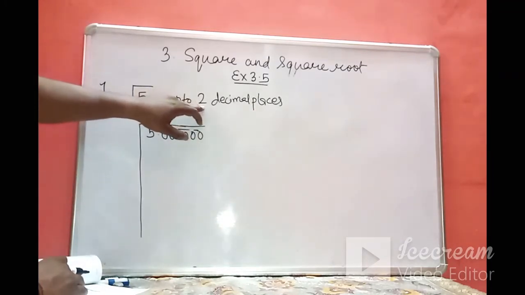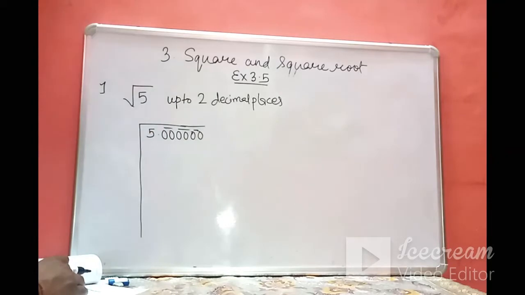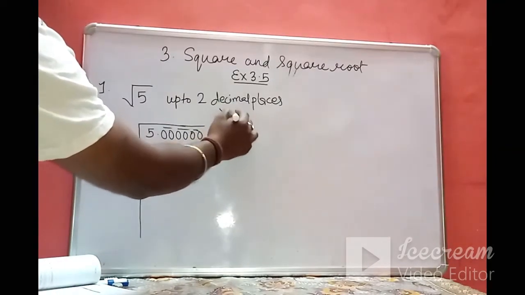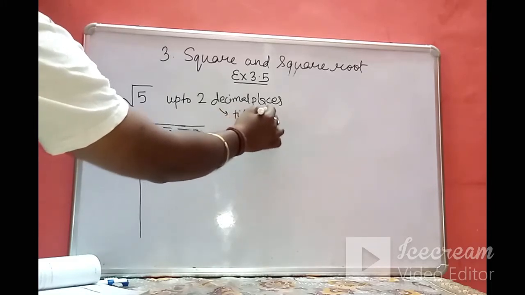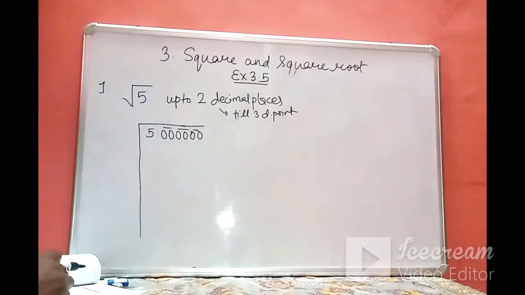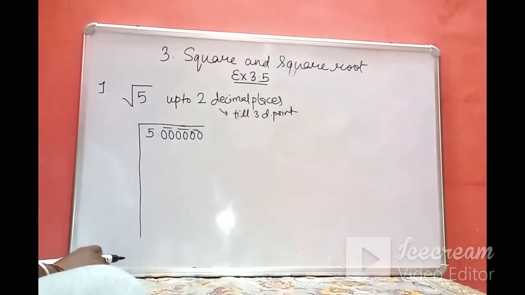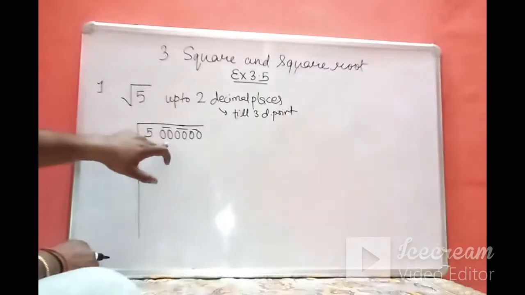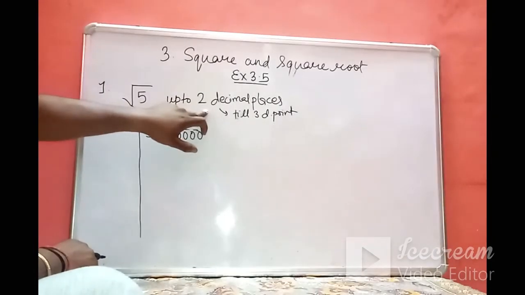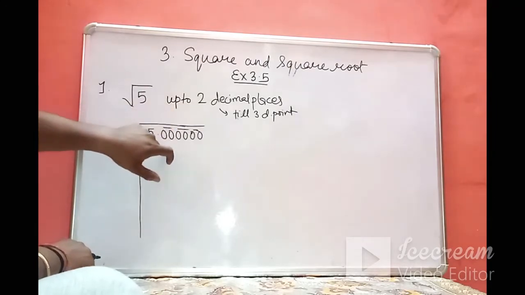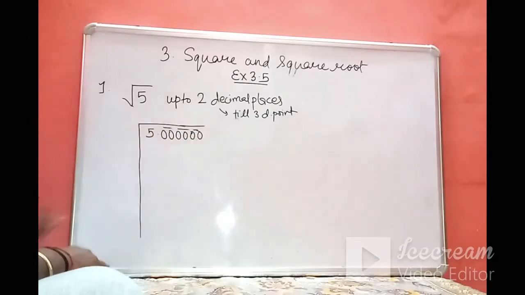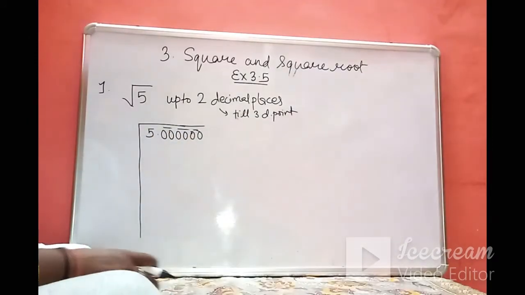So for calculating the square root up to 2 decimal places, we will calculate the square root till 3 decimal places, and after that we will do the rounding off at the second decimal place. So this is 2 decimal places, so I have taken 3 pairs. If it is written as 3 decimal places, then you will take 4 pairs of zeros. So like this I have written.